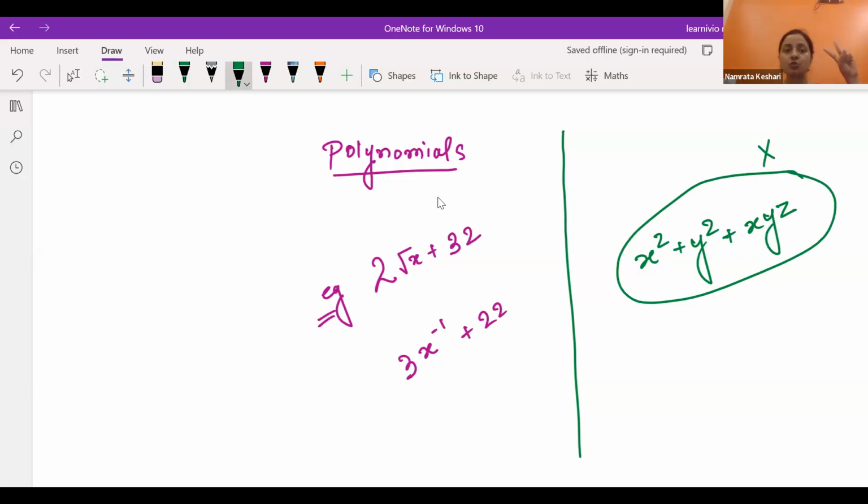To become a polynomial, any algebraic expression needs to fulfill two conditions. The first condition is that one and only one variable has to be there. The polynomial chapter is all about polynomials in one variable. It will not always be written that way, but we need to be clear that polynomial means polynomial in one variable.